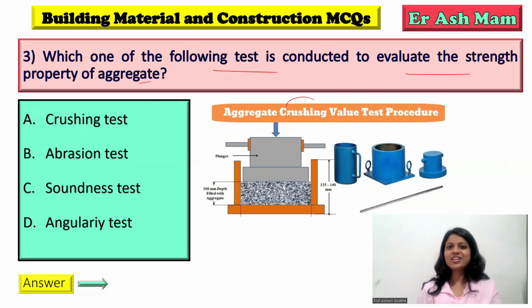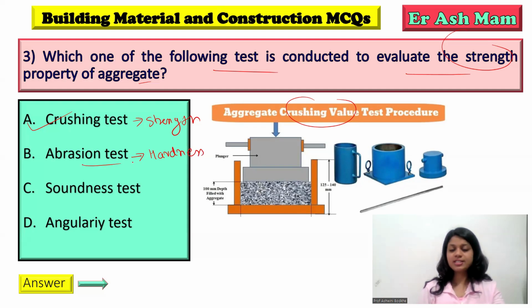Next is, which one of the following tests is conducted to evaluate the strength property of aggregates? You can see here, A, the crushing test, is used to evaluate the strength property of aggregate. For hardness, the abrasion test is conducted. The soundness test is conducted to test resistance against weathering.